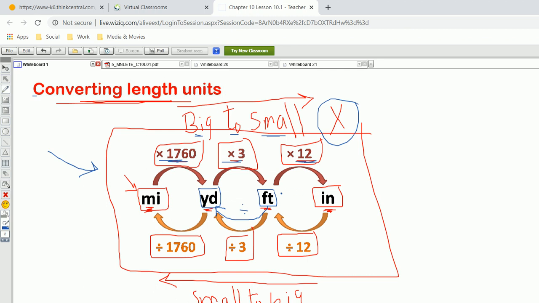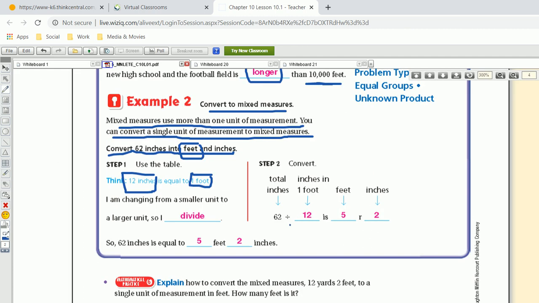We want to convert from inches to feet, so we're going to divide by 12. So we're going to divide 62 by 12.